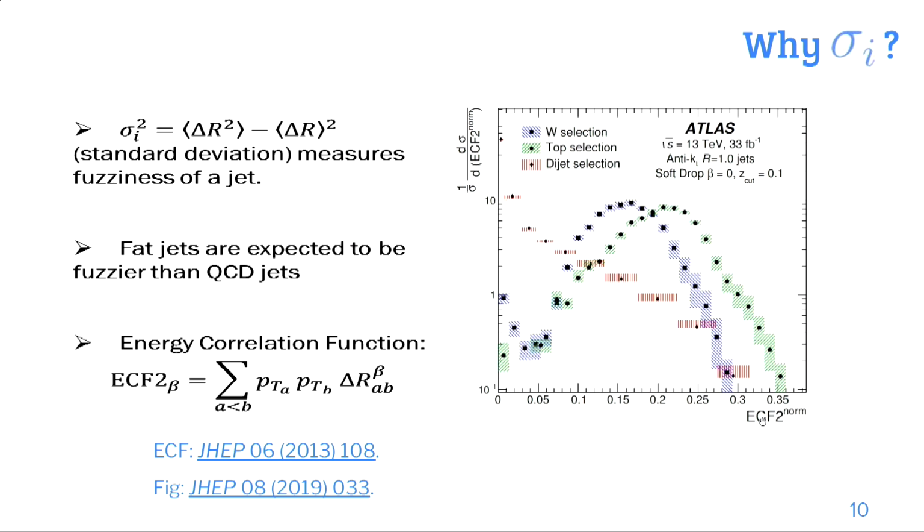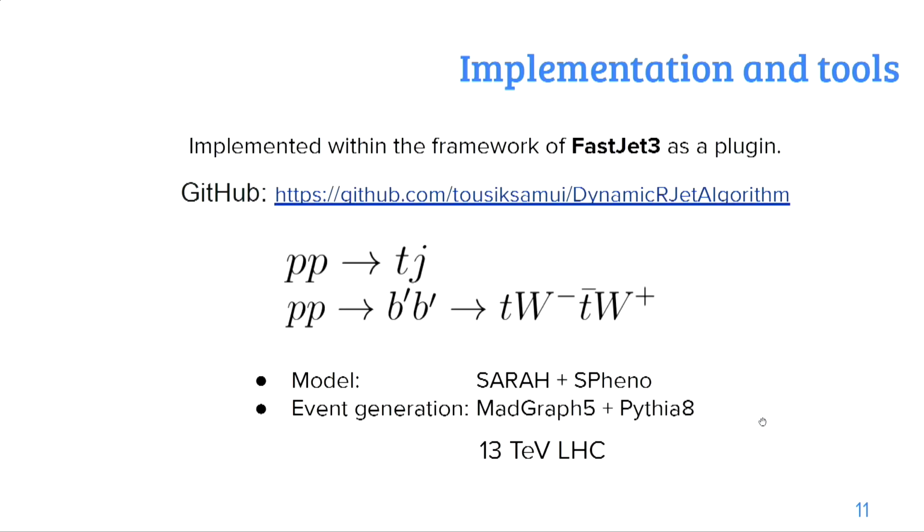This is actually from an observation from ATLAS. So this already tells us that if we use that parameter, it could be useful in dynamicizing the radius of the object. Okay. Having said that, let me show some examples where we could see potential use of our method, or of our development.